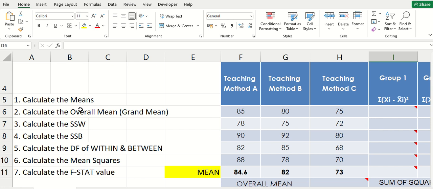When you have an independent variable that has three or more levels and you want to find if there is a significant difference among them, especially in the test performance of the students, or whatever you want to find a difference in, as long as it has three or more levels.